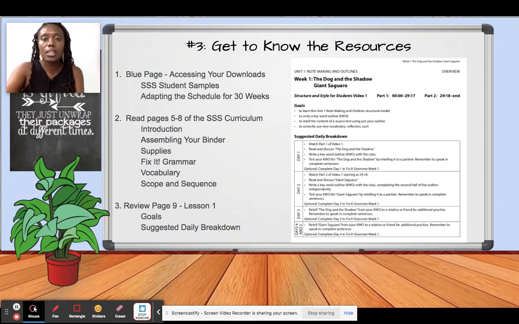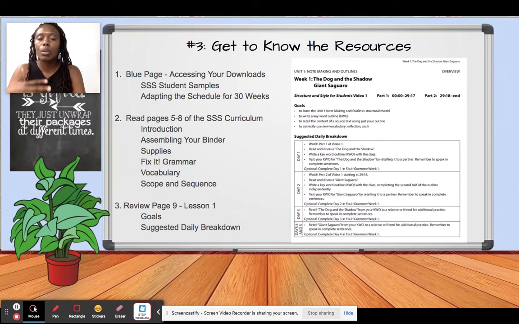So page 9 looks like this. And every single week, the students will start with this particular page. We will cover this in class during my preview portion. But just notice that the suggested daily breakdown teaches your student what they should be doing every single day to manage their time well. Keep in mind that it's suggested.